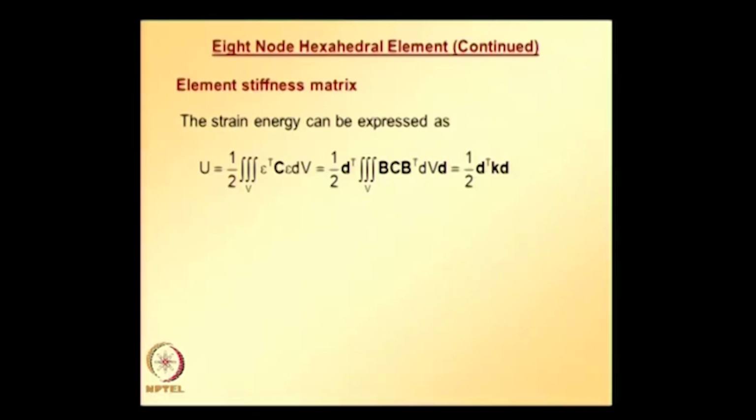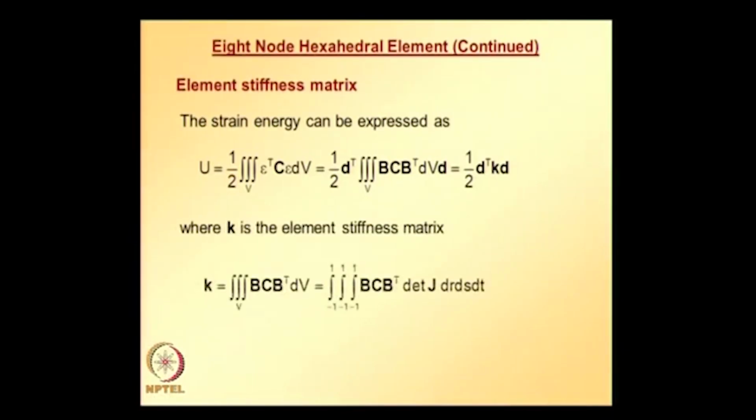So, now we are ready to actually get the element stiffness matrix. By substituting strains into the strain energy expression, we can get this, where K is the element stiffness matrix.